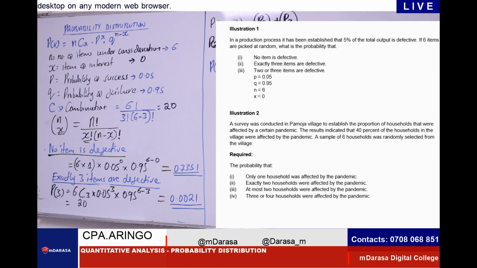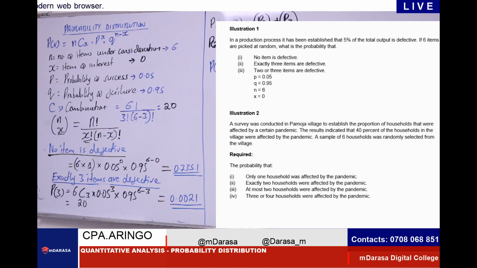A survey was conducted in Pamoja village to establish the proportion of households that were affected by a certain pandemic. The results indicated that 40% of the households in the village were affected by the pandemic. So the question you should ask yourself is, what percentage was not affected? A sample of 6 households was randomly selected from the village.